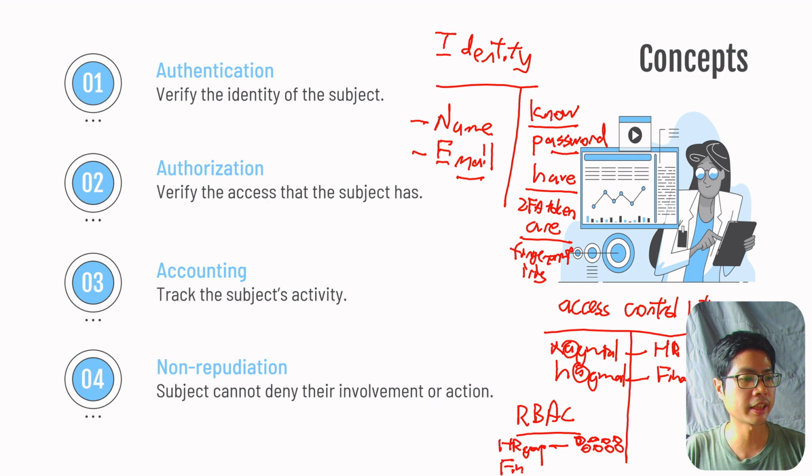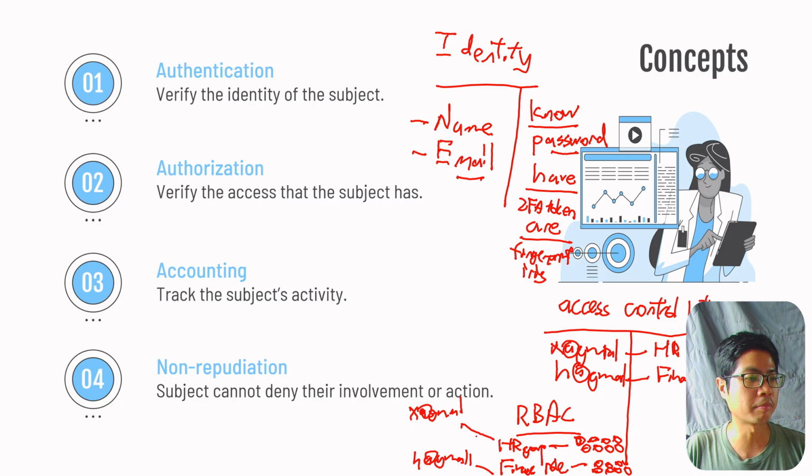And the finance role has access to other documents that belong to the finance department. Then from the role itself, you map out to the user. So X at Gmail belongs to the HR group, H at Gmail belongs to the finance group. And you could have multiple people assigned to the same group as well, so maybe we have C at Gmail, who is assigned to the HR group as well.